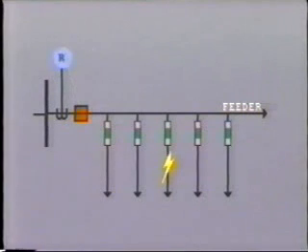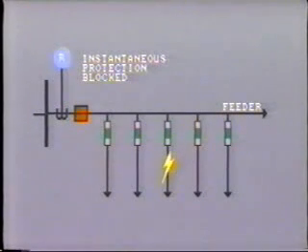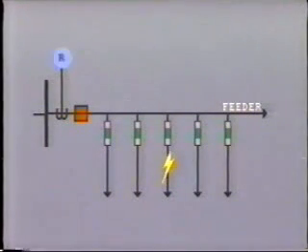If the fault remains on, that is a permanent fault, the breaker will not trip the second time, as the instantaneous protection is now blocked. The second attempt at reclosing is delayed sufficiently for the local fuse to operate and clear the permanent fault. Again, you'll remember we discussed this when we looked at coordination in an earlier tape.